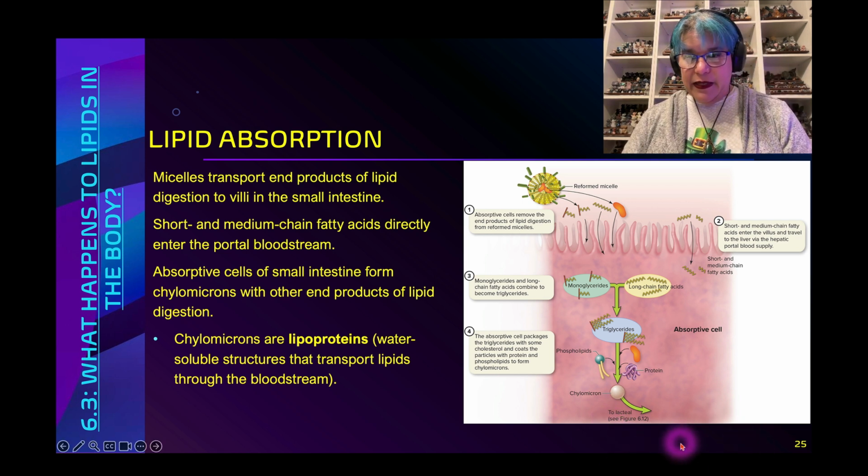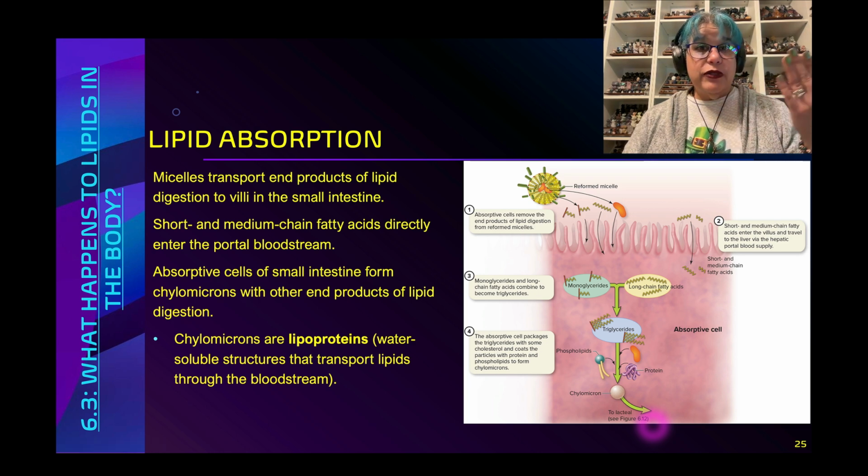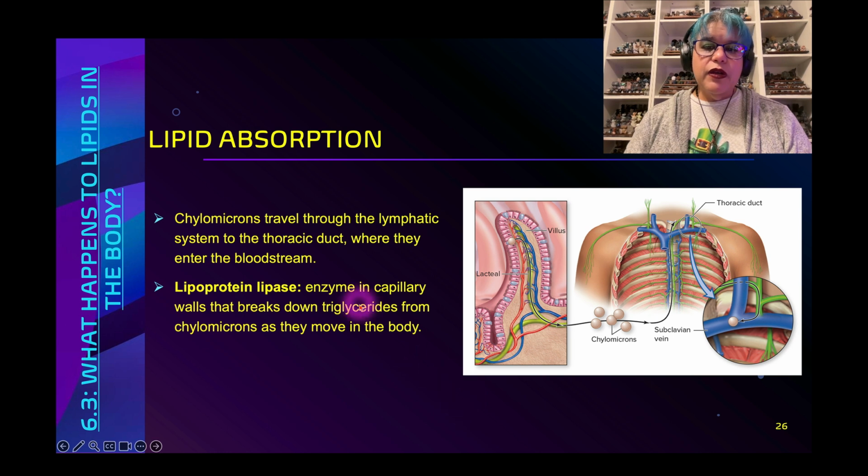And in this case, because of the size, because they're this big, they're actually going to go into the lacteal. They're going to have to take a different route to get into the cardiovascular system. So the chylomicrons travel through the lymphatic system to the thoracic duct where they enter the bloodstream.